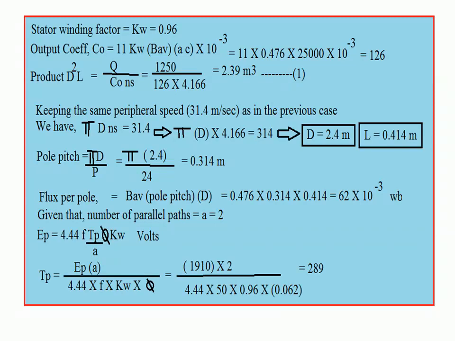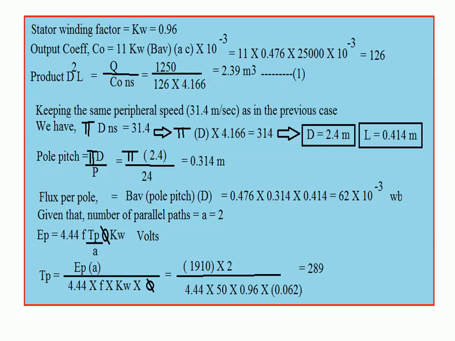Assuming stator winding factor as 0.96, determine the output coefficient. Output coefficient equal to pi squared times Kw, B average ac into 10 to the power of minus 3. We are going to get as 126. Then by using output expression Q equal to C naught D square L Ns, you frame the equation for D square L. Substitute the values, we are going to get around 2.39 meter cube.